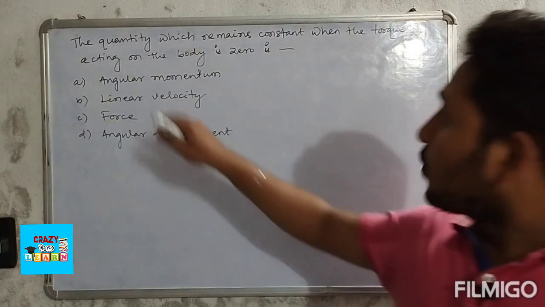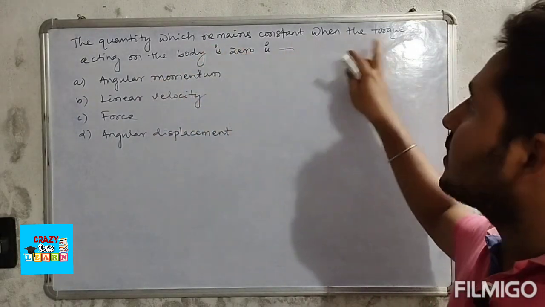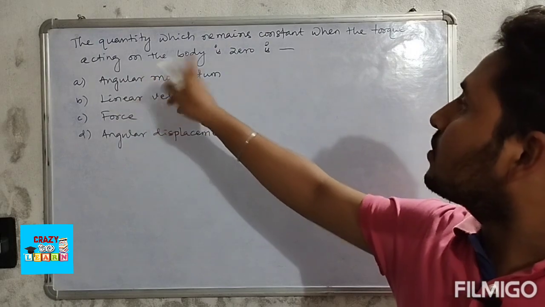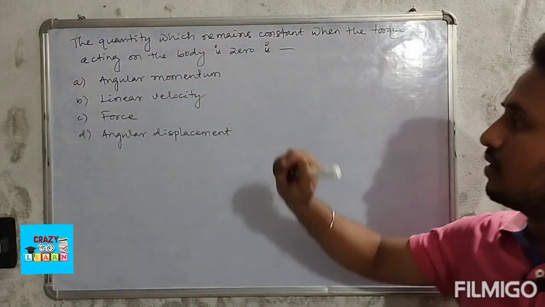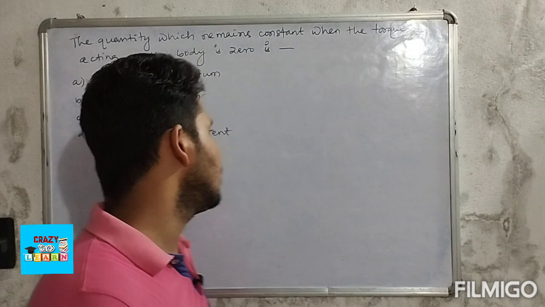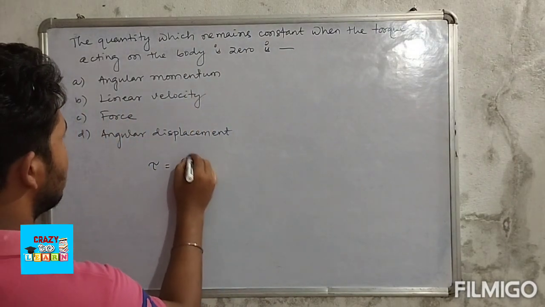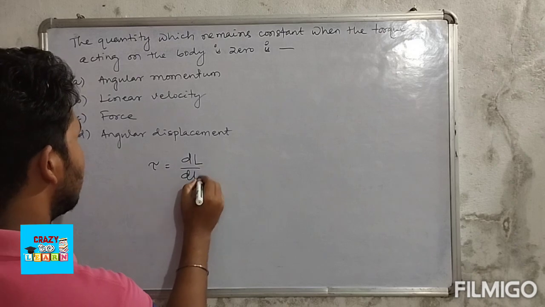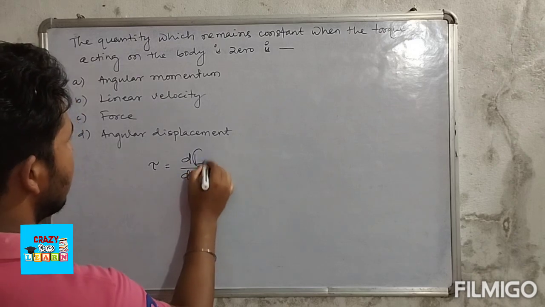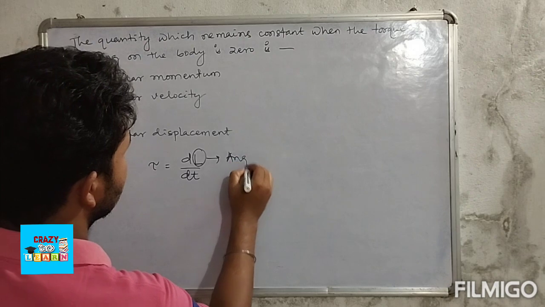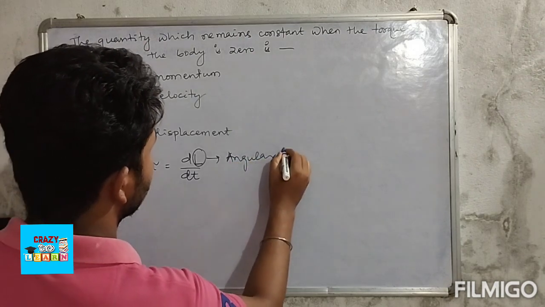Next question is the quantity which remains constant when the torque acting on the body is 0. So we know that the torque tau is equal to dL by dt, where L represents the angular momentum.